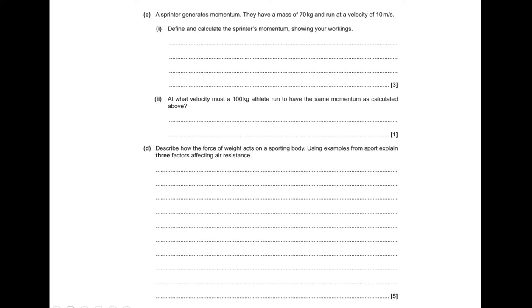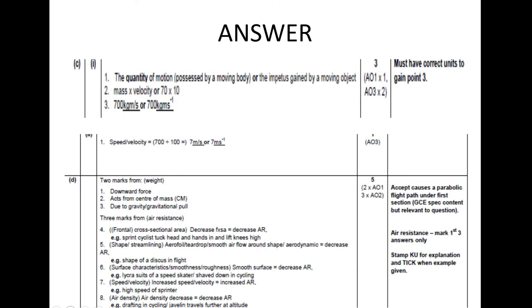So the calculation would be speed, because we have the momentum, the top part of the triangle, which is 700. We would then divide that by mass, because we have that, the mass is 100 kilograms. So the answer would be 700 divided by 100 equals 7 meters per second, or 7 meters per second squared. And that will get you 1 mark.